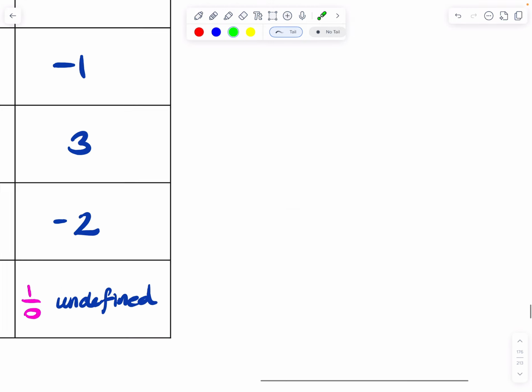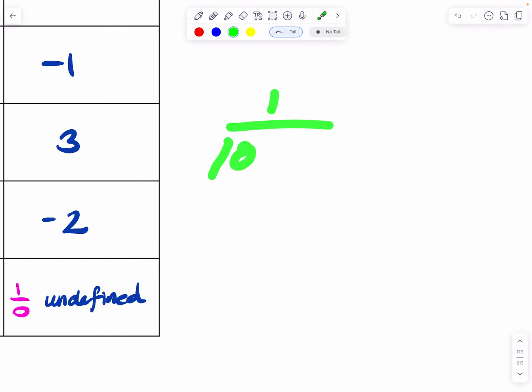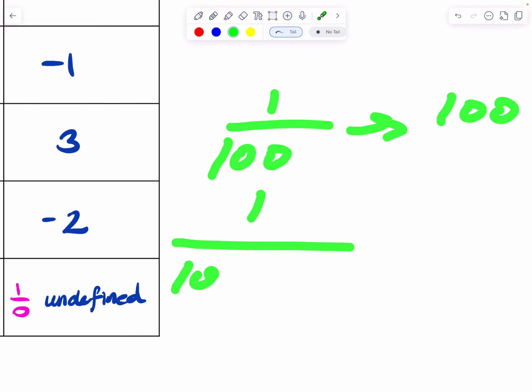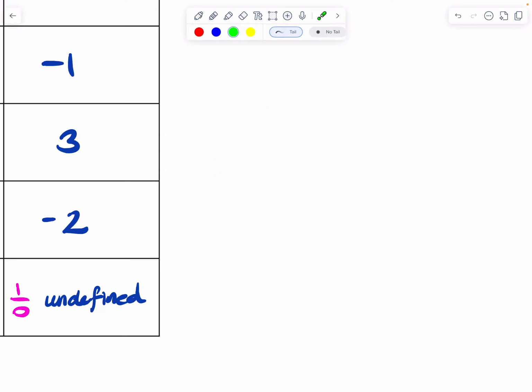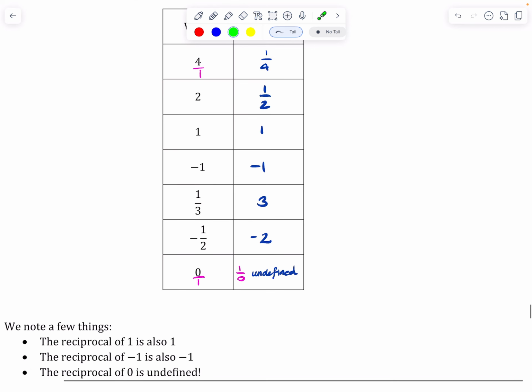If we took the reciprocal of 1/100th, that would be 100, which becomes really massive. Or the reciprocal of 1 over 10,000 is 10,000. So as the original number gets really close to 0, its reciprocal starts getting really, really huge.